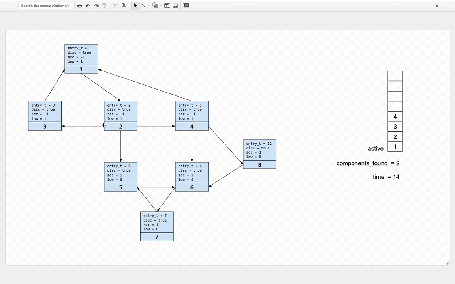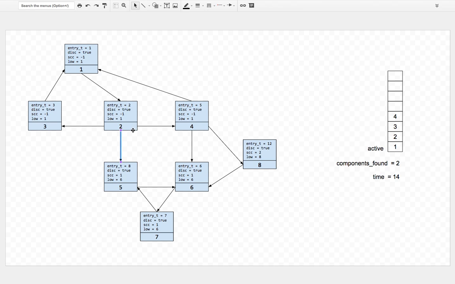Okay, so way back in the day, we were in the middle of exploring all the edges from vertex 2. We have this edge, which we explored first. We have this edge, which we just finished exploring completely. And we still have this edge from 2 to 5. Now, 2 to 5 does not point to an undiscovered vertex, so it's not a tree edge. Nor does it point to an ancestor of 2 in the tree.